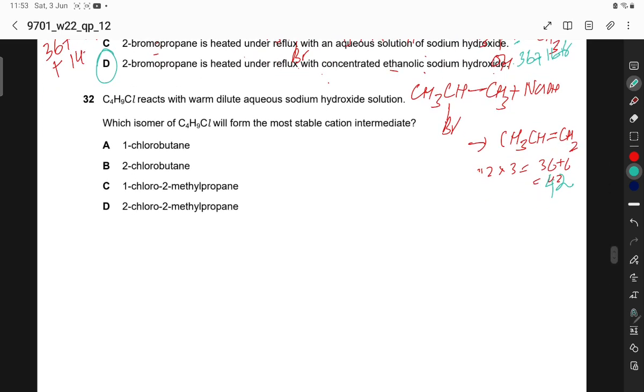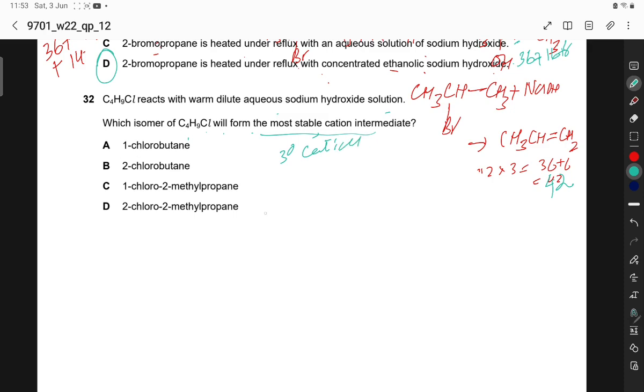Question number 32. C4H9Cl reacts with warm dilute aqueous sodium hydroxide solution. Which isomer of C4H9Cl will form the most stable cation intermediate? Tertiary cation is the more stable cation.